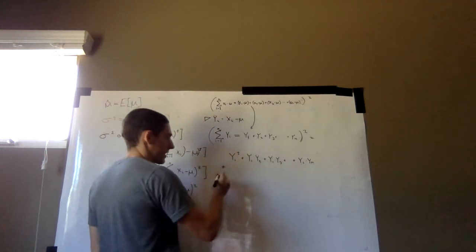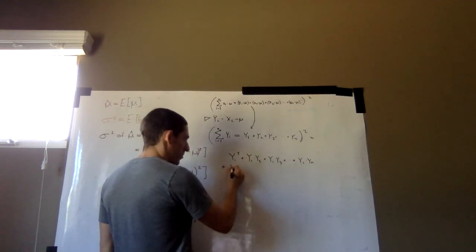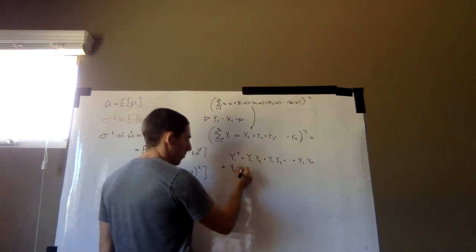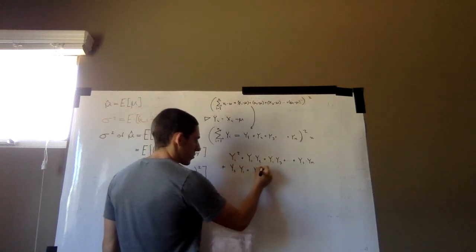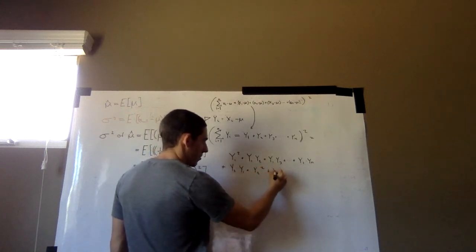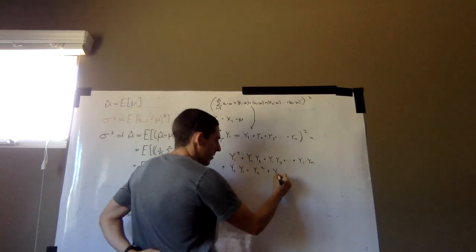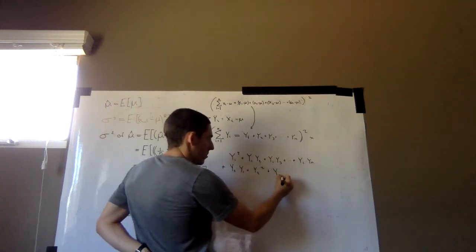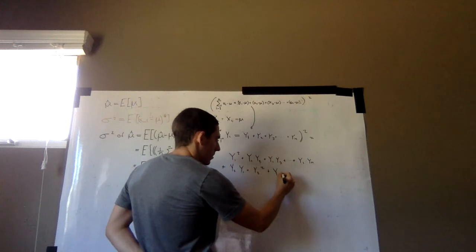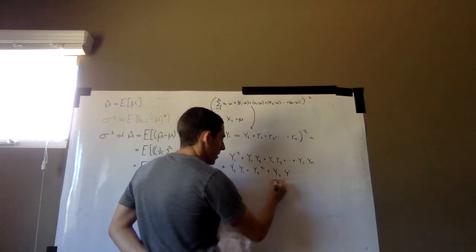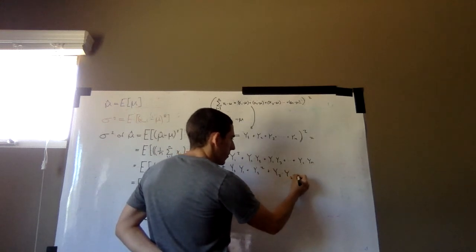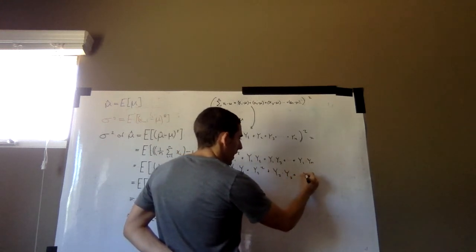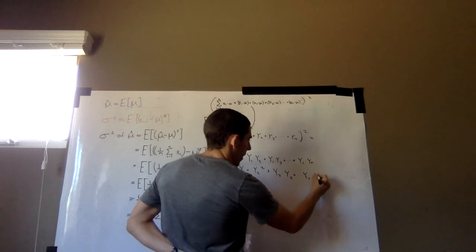to a second row, which is equal to y2 times y1 plus y2 squared plus y2 times y3, and so on until we get y2 times yn.